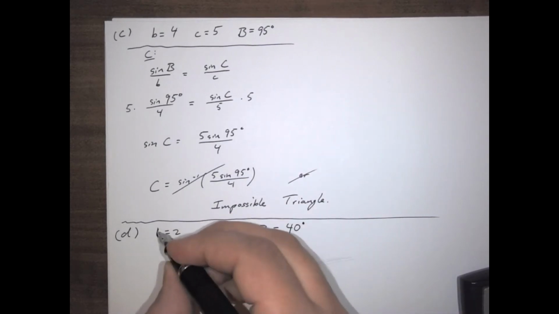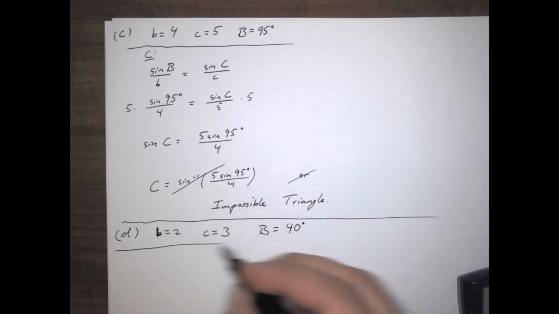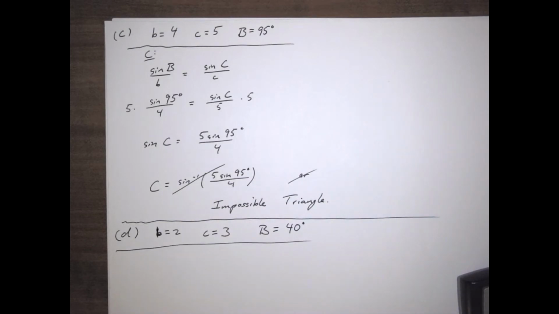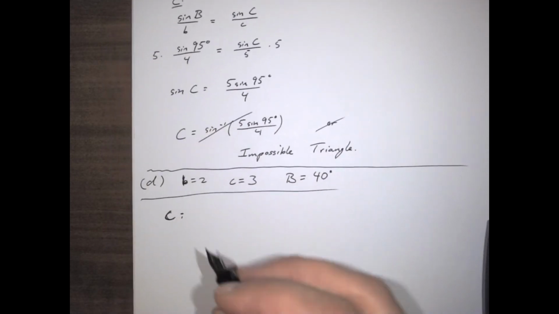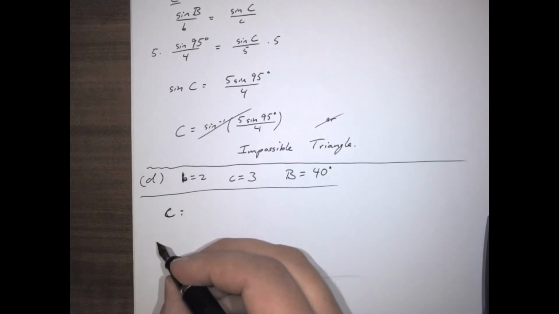Okay, so let's just see what we can figure out here. So the very first thing to note is that we have all the ingredients in place to find big C, which is bad news for us because it means using the law of sines to find an angle, which means the possibilities of badness are present.